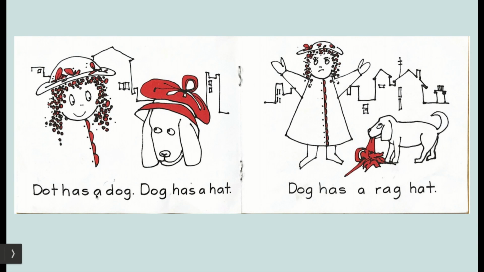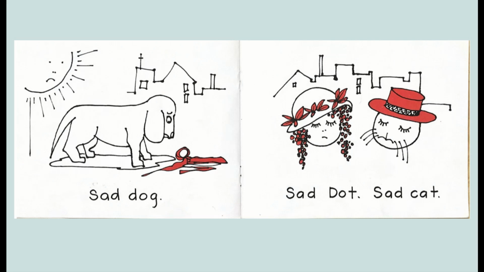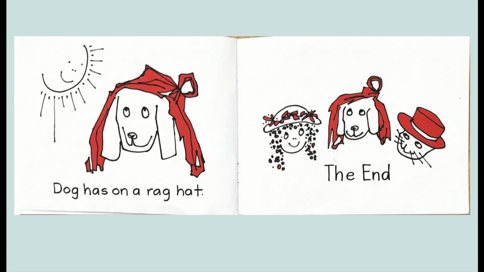Dot has a dog. Dog has a hat. Dog has a rag hat. Sad dog. Sad Dot. Sad cat. Dog has on a rag hat. The end.